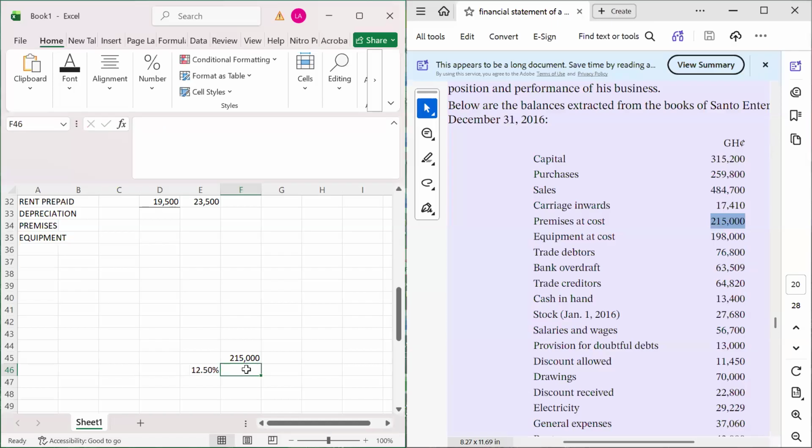So that you want to calculate it is equal to this figure times 12.5% to give you this. So the depreciation charge for premises is this figure. Is that okay? Okay, sir.